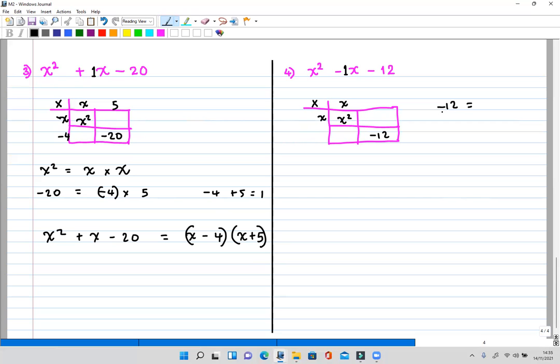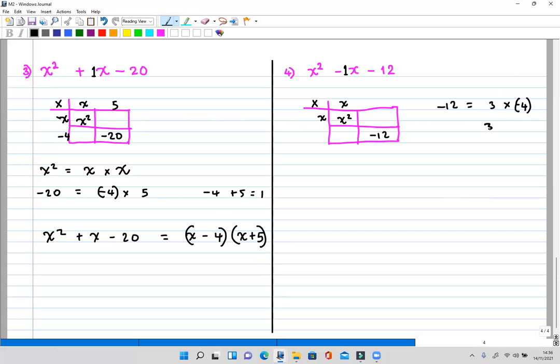Think about 3 and 4. 3 times 4 is 12. But now we need to have 1 as a negative so that we get -12. But then we need -1. So this means that 4 must be a negative. So we get 3 times negative 4 to get negative 12.